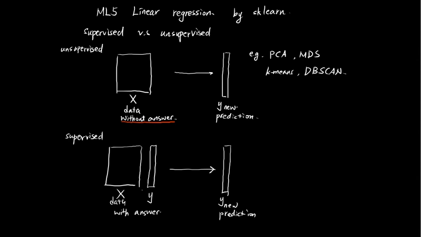And often, we will do something more, right? Because this philosophy is a bit weird. You just told me what is the question and what is the answer, and now I have to predict the answer. And the answer should be just exactly like this, right? So in this case, we have to partition the data into 2 sets. One is the training data, and the other is the testing data.